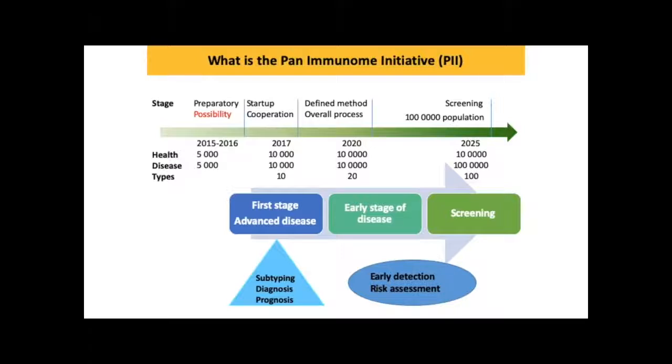But most importantly, ultimately, we want to work with population-based or prospective biobanks to explore the potential for them to serve as early detection and early screening biomarkers for disease. This is not for a single disease, but for multiple diseases. It should have a very bright future.